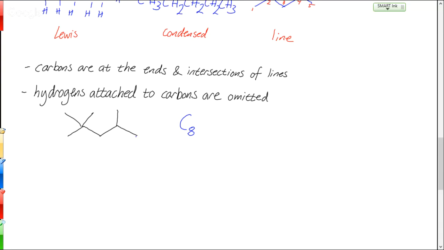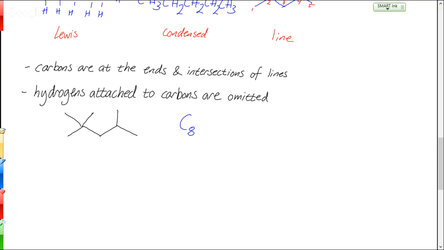I'll cut them off here. 1, 2, 3, 4, 5, 6, 7, 8. Yep, 8 carbons. All right, so now for the hydrogens, remember each position needs to have 4 bonds total. So we take however many bonds are shown to the other carbons, and then we add hydrogens in until we get to 4 at each position.